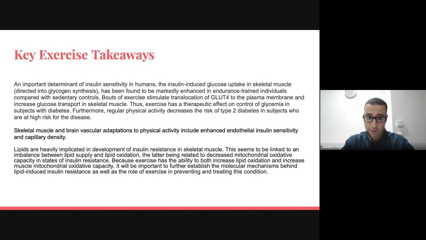So the ability of the muscle cell to oxidize those lipids and to store them efficiently is very important. That's something else exercise helps with, improving the mitochondrial oxidative capacity and the ability to move on those lipids, because sometimes insulin resistance actually happens because of too much lipid, if not the problem of glucose and glycogen storage. So there are two aspects: dealing with the lipids and dealing with the glycogen. Ideally, we would use the muscles in a way to improve both functionalities.